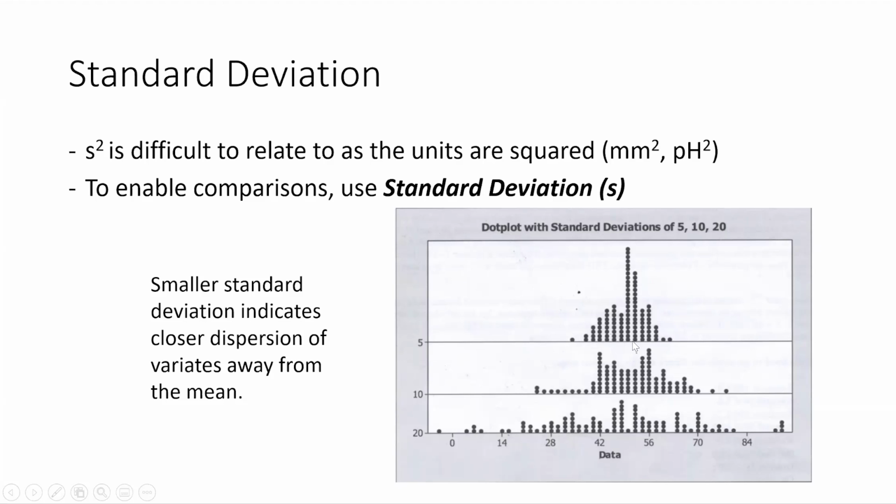When our standard deviation is 10, we see greater deviation, greater variance in the data. And when it's 20, we have very, very dispersed data. Okay, so smaller standard deviation, smaller variance means less variation or deviation in the data. It means a tighter curve and more compressed data.